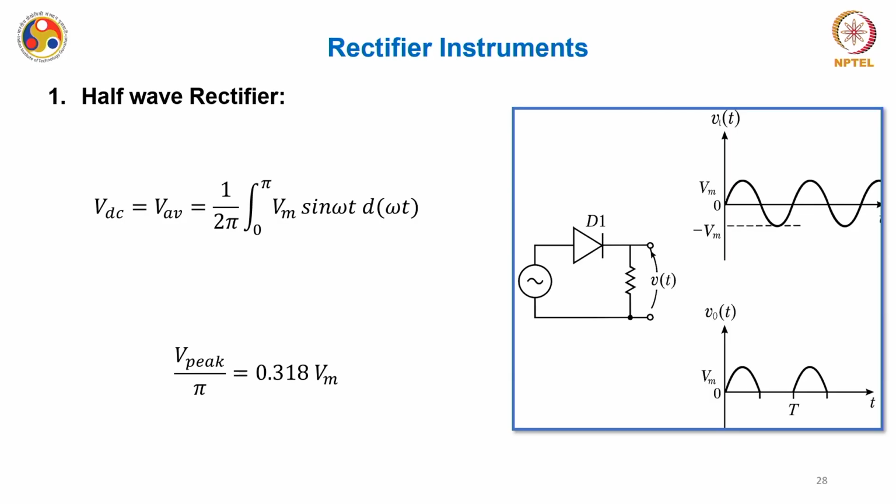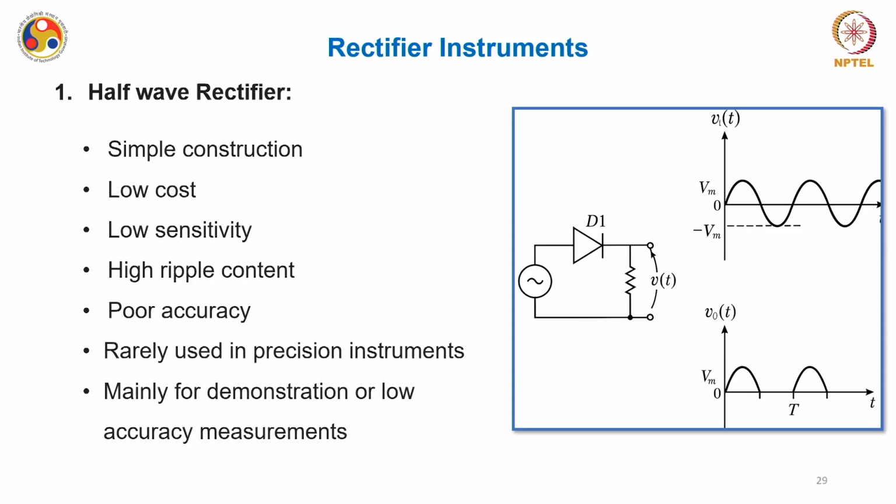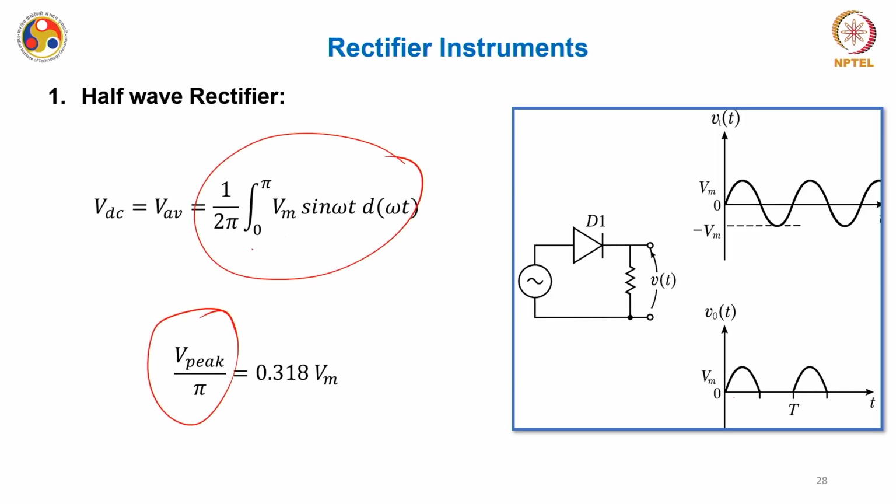You can calculate this by averaging: 1 by 2 pi integral from 0 to pi of Vm sin omega t, because this is in the half cycle, and if you integrate this you will get V peak by pi. This value is nothing but 0.318 Vm, and this is the DC value that this half wave rectifier is giving you in terms of the peak value.